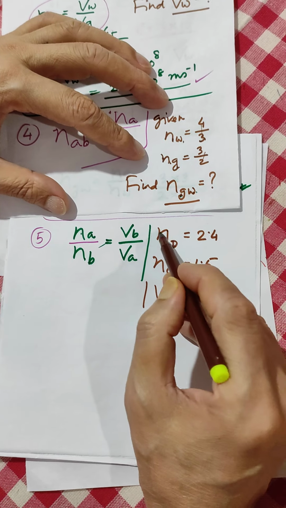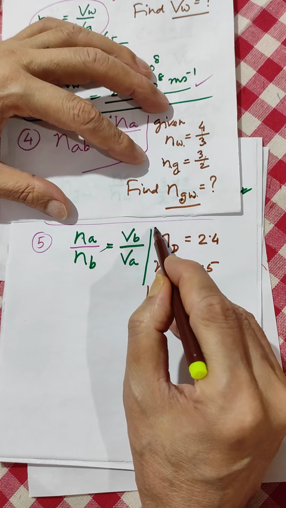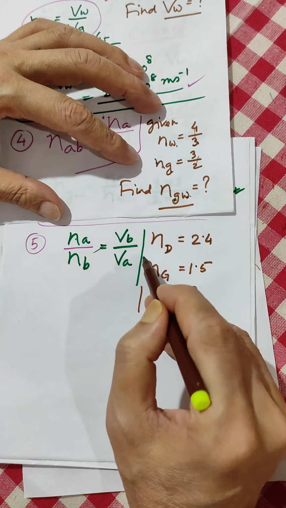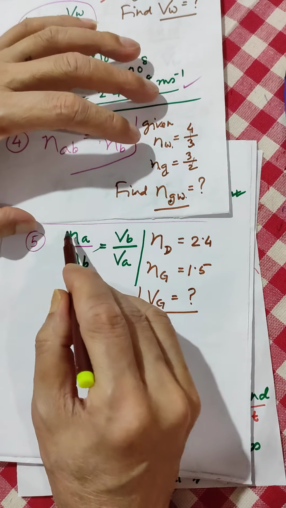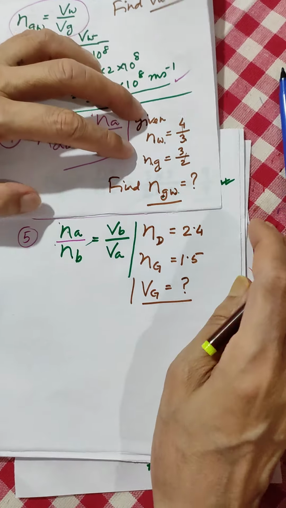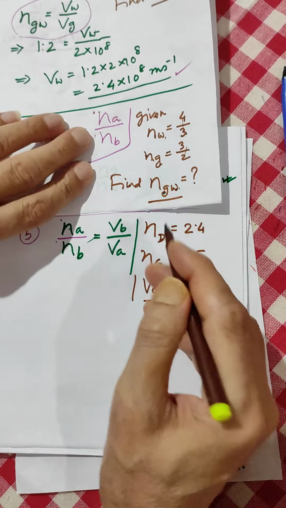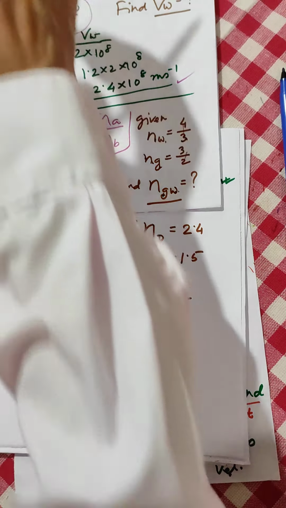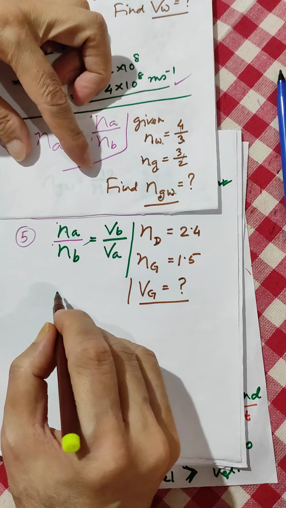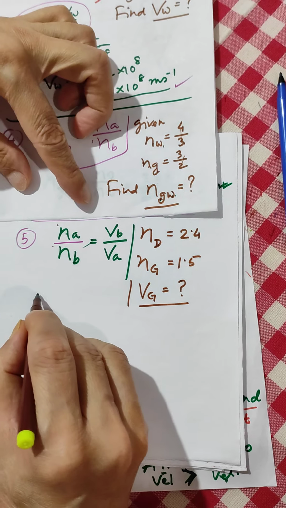Okay, now this is diamond, so first medium is vacuum. This is glass, first medium is vacuum. So as I told you before, if first medium is not mentioned, it is vacuum. Now let us use this formula. So using this formula, what do we write?